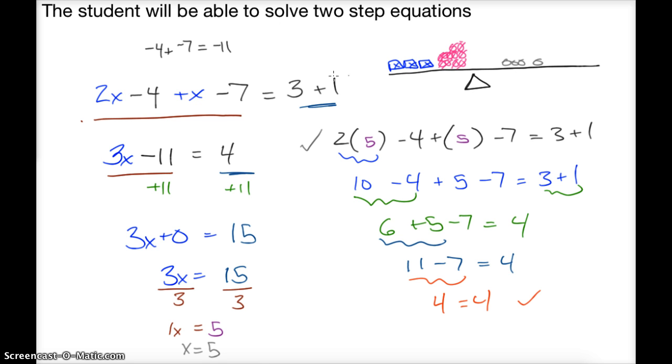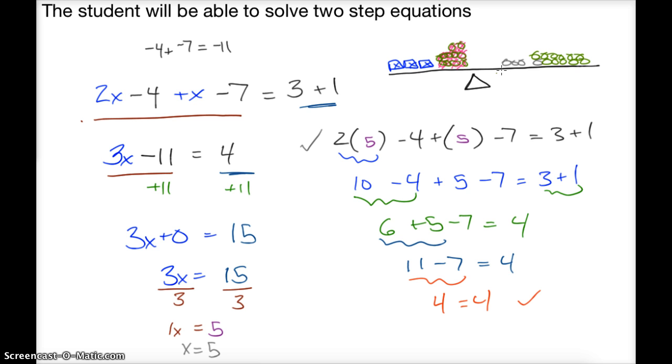And then if I wanted to draw a picture of this, this would end up being 3x minus 11 plus 4. I would just have to add 11 and then divide by 3. So add 11: 1, 2, 3, 4, 5, 6, 7, 8, 9, 10, 11, on both sides.